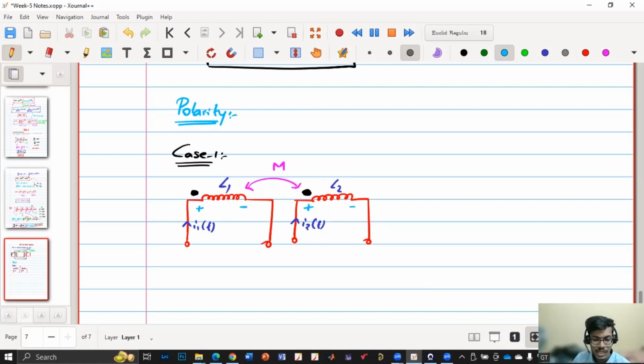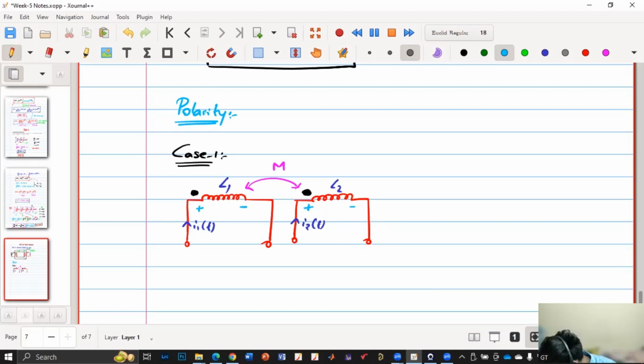If the currents are entering the dots in both the cases, then the polarity because of the mutual inductance will be the same as the self-inductance. I'm repeating, if the currents are entering the dots or leaving the dots in both the coils, then the polarity because of the mutual inductance will be the same as because of the self-inductance.